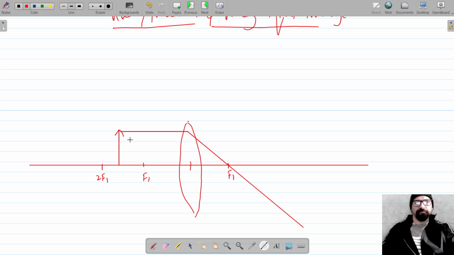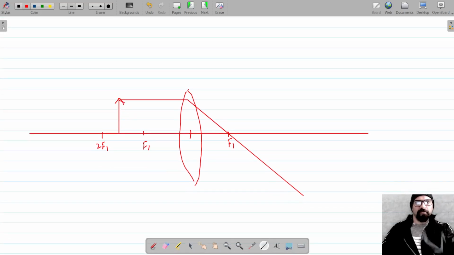Okay, now this ray goes through the optical center, and intersects here. This is where the image is formed, which is real, magnified and inverted. This is A dash B dash, the arrow is pointing downwards, it's inverted.